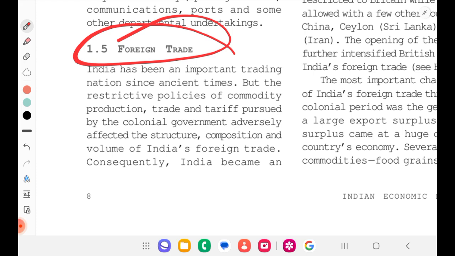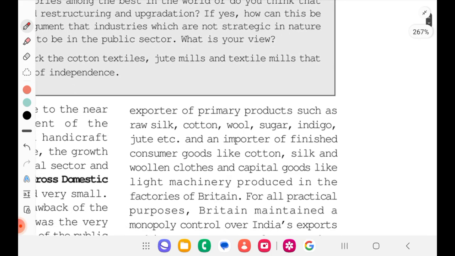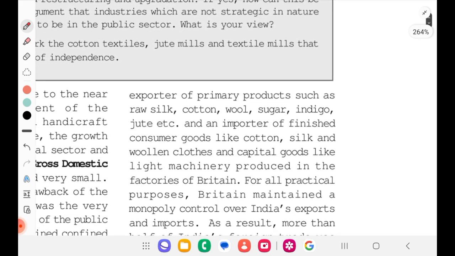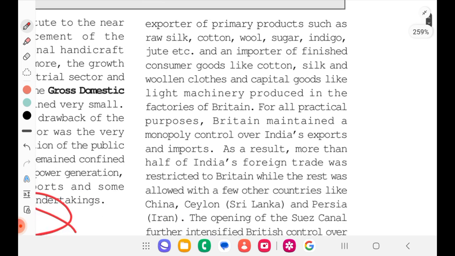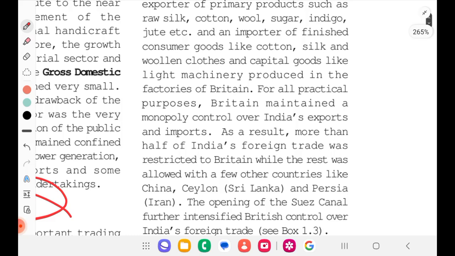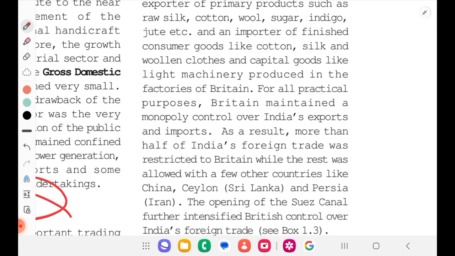Consequently, India became an exporter of primary products such as raw silk, cotton, wool, sugar, indigo, jute, etc., and an importer of finished consumer goods like cotton, silk and woolen cloths, and capital goods like light machinery produced in the factories of Britain. For all practical purposes, Britain maintained a monopoly control over India's exports and imports.